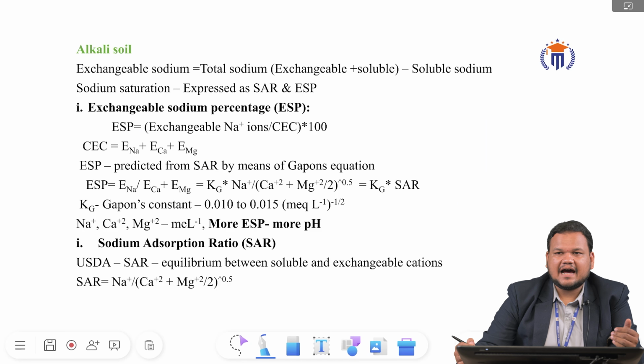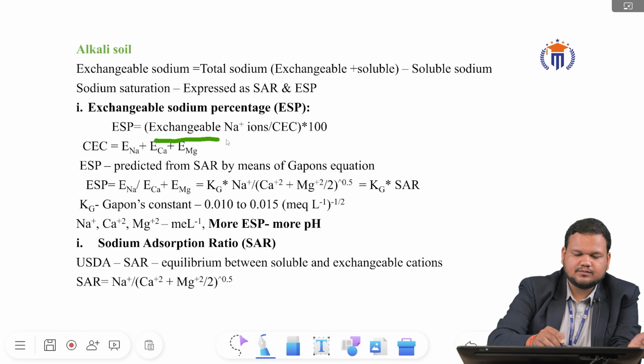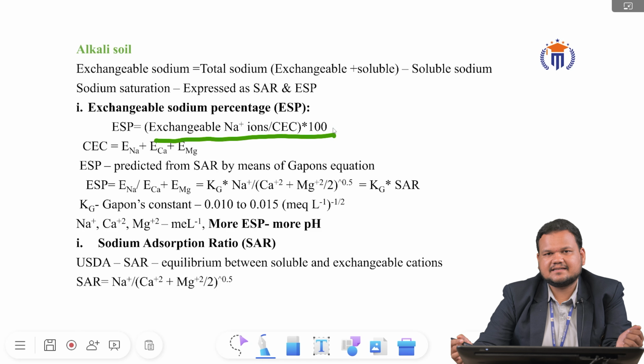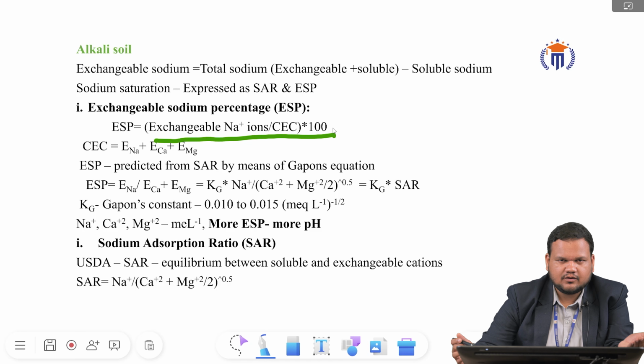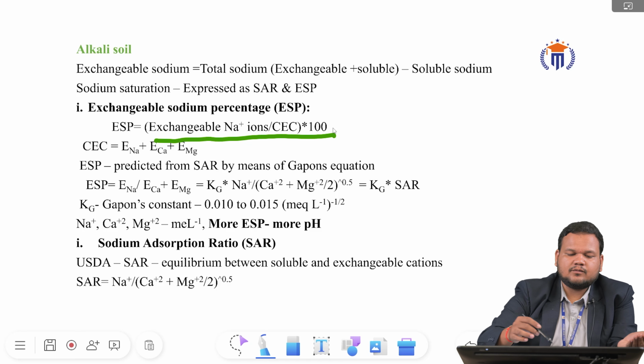Next, coming to your alkali soil, it is measured in terms of your exchangeable sodium percentage as well as your sodium adsorption ratio. You can see here the exchangeable sodium divided by cation exchange capacity. So the amount of cations that are occupying a particular colloid: how much sodium is occupying for a particular CEC?